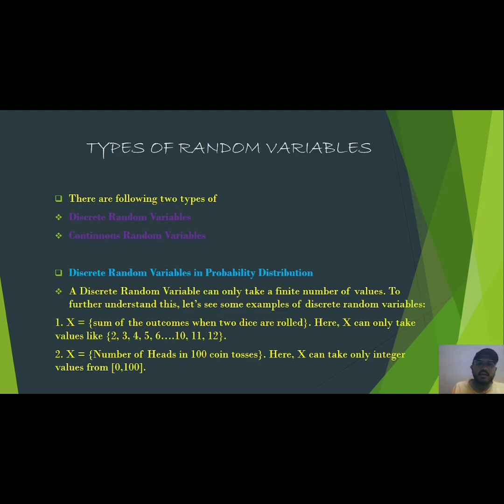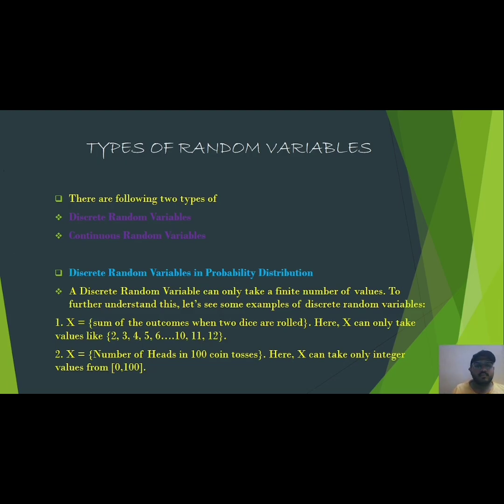To further understand this, let us see an example of a random variable where x is equal to the sum of the outcomes when 2 dice are rolled. Hence x only takes values like 2, 3, 4, 5, 6, and so on up to 10, 11, 12.